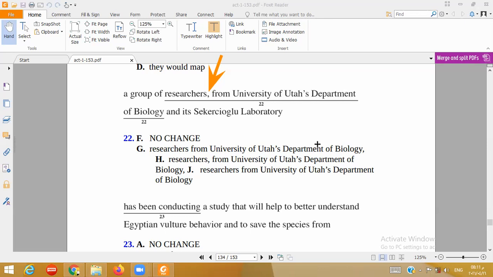This is not an introductory phrase, so change it. G, but he just put a comma before 'and'. What about J?